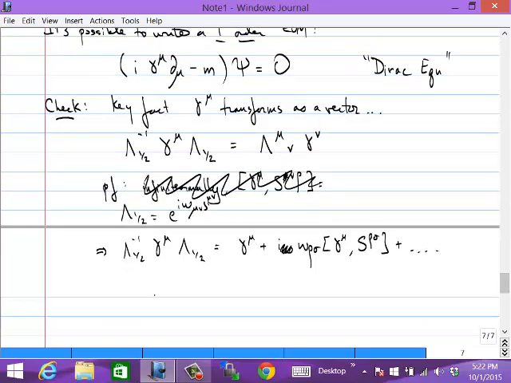Whereas, remember that lambda mu nu gamma nu... if you were writing, remember lambda mu nu is e to the I omega mu nu times the 4x4 matrices J mu nu, which we wrote down last class.